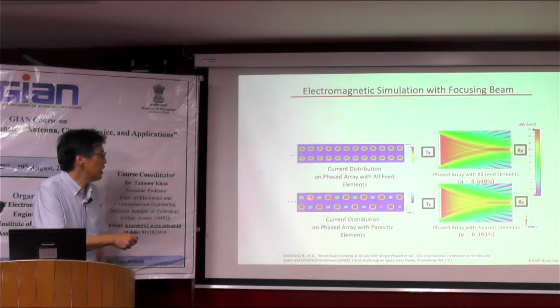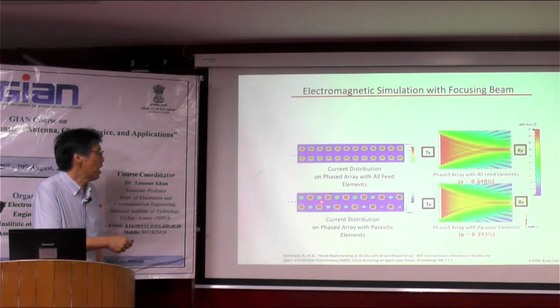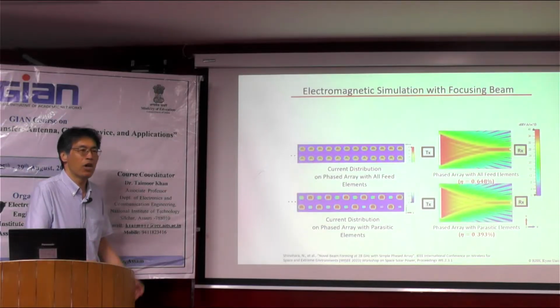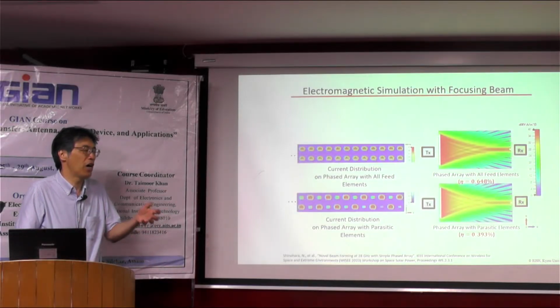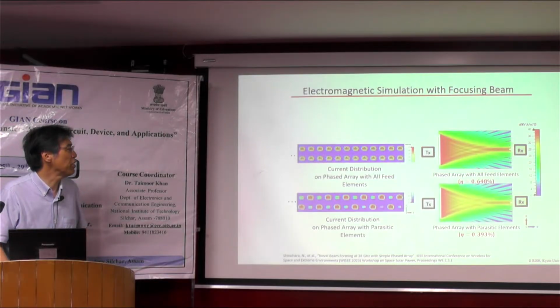Between the antennas, we add the metal only, and by the mutual coupling, we create the new antenna here. As a result, we can create a very similar beam form with half the microwave circuits. So this is our interesting proposal: a new low-cost phased array antenna with a parasitic element.